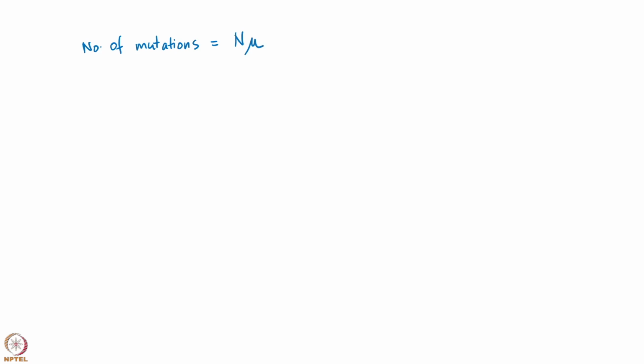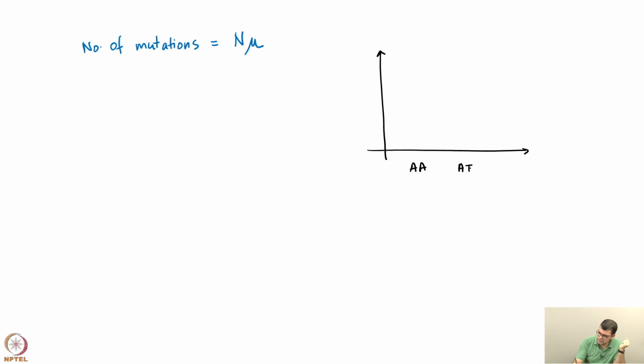Now, from the context of the fitness landscape that we drew, the 3 genotypes that we are looking at are AA, AT and TT, and their fitnesses are in this particular order.